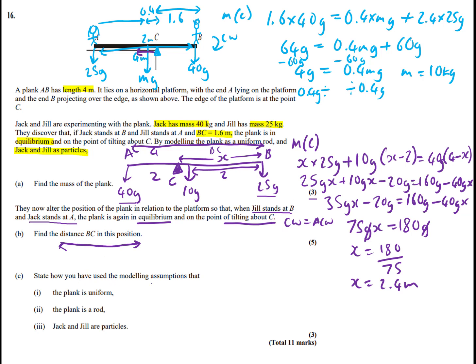State how you've used the modelling assumptions that the plank is uniform. Well, when it's uniform, the weight, or technically you can say mass, acts at centre or midpoint, centre of plank. Plank is a rod, so that just means the plank remains straight and doesn't bend.